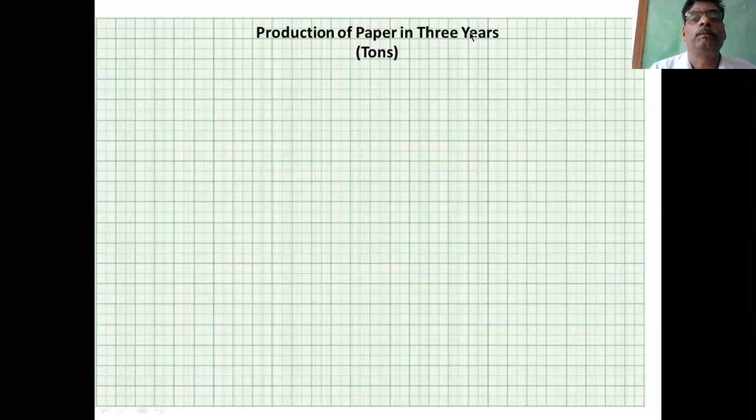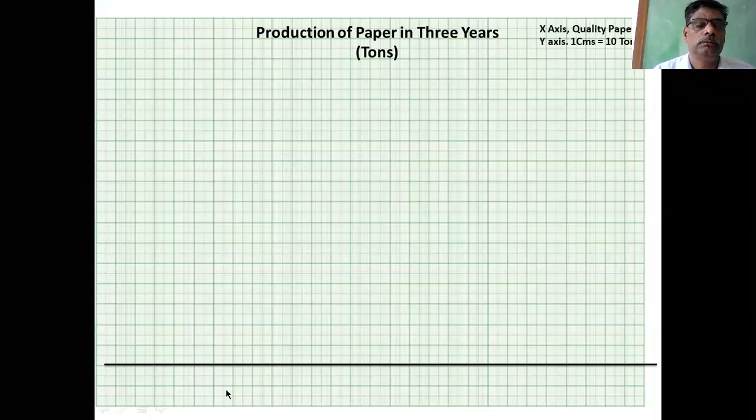This is my graph. Production of paper in 3 years, tons. X-axis, the year. Then y-axis, 10 units. This is X, this is Y, this is 0.